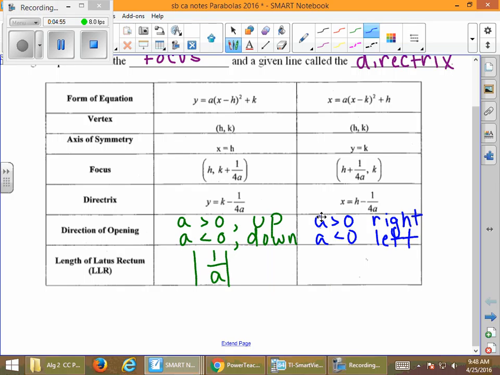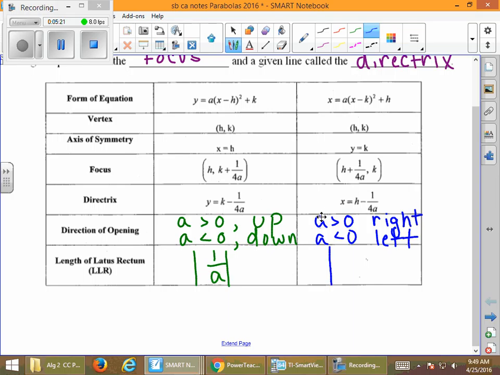And if you think about it, I know you can't see my hand gestures on the video, but y on an axis goes up and down. So with y equals, the parabola opens up or down. X equals on a graph goes left to right. Well, look at where we open. We either open right or we open left. So that's a little technique to help you remember.